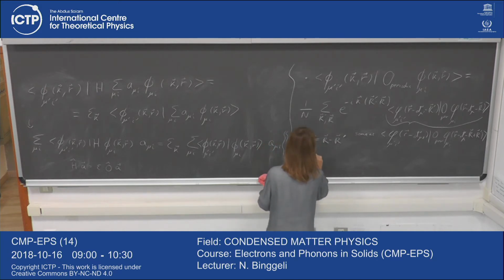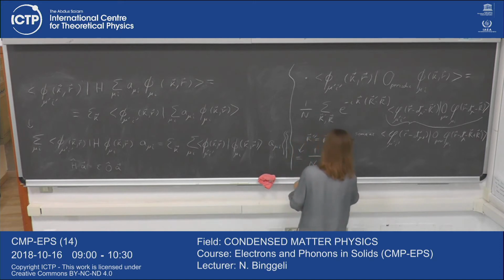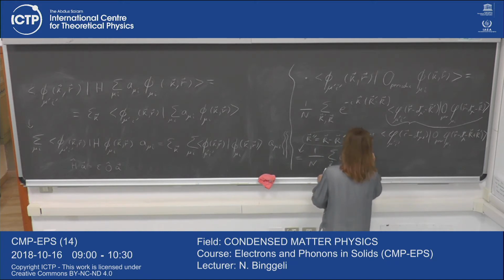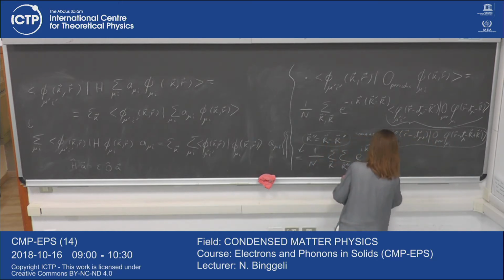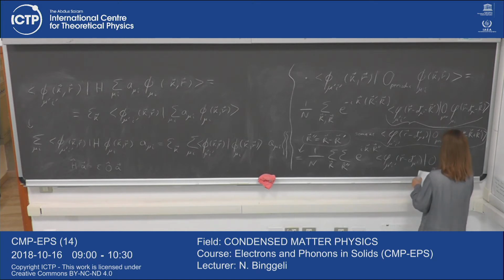And I'm obtaining 1 over n, sum over R, sum over R second prime, exponential I k R second prime, phi mu prime I prime of R minus d mu prime, my operator, phi mu I of R minus d mu minus R second prime.